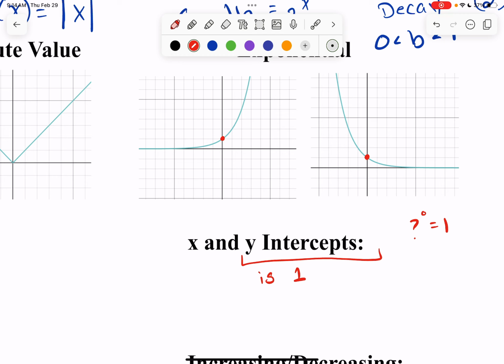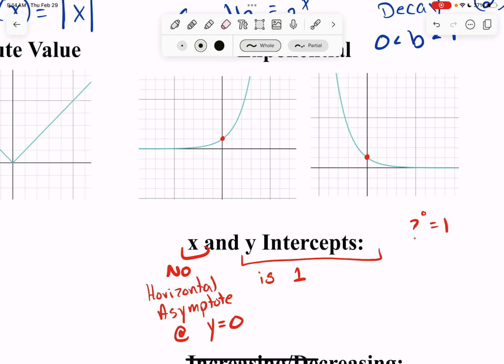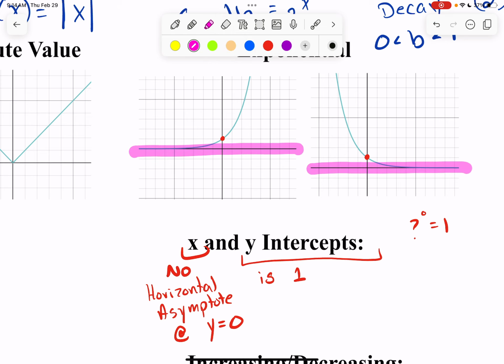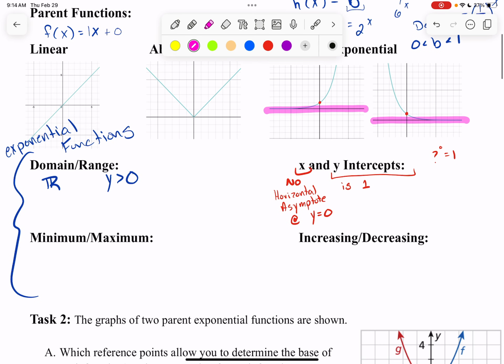But the y-intercept is always 1. And there is no x-intercept because there is a horizontal asymptote. There's a horizontal asymptote at y equals 0. There is this horizontal line that it never actually crosses. So it has that horizontal asymptote.